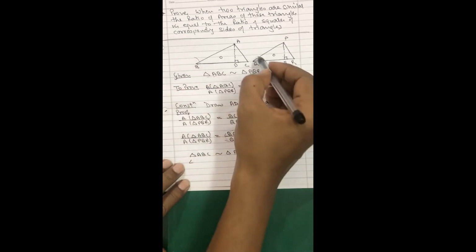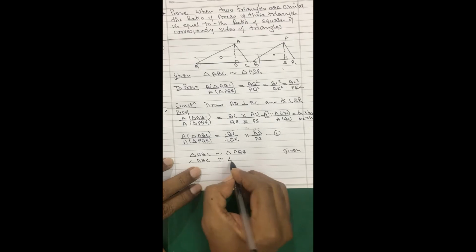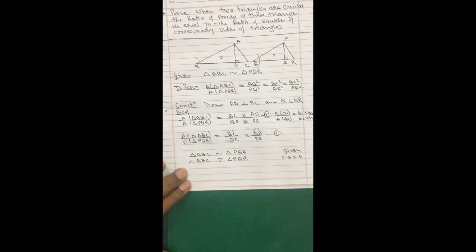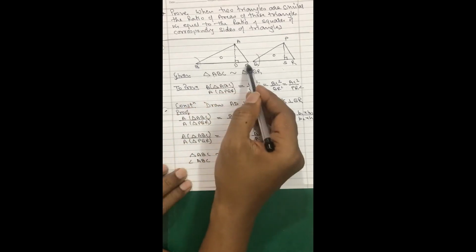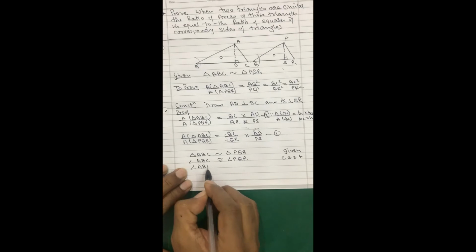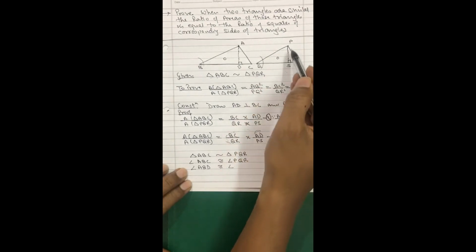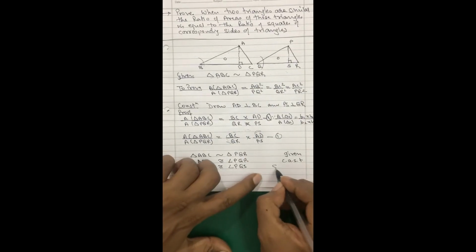Therefore, I am trying to get this angle. The angle ABC is congruent to angle PQR because corresponding angles of similar triangles are congruent. But then I know that in this triangle, this angle ABC is actually only angle ABD. So I will write angle ABD is congruent to angle PQR, which is actually equal to angle PQS.